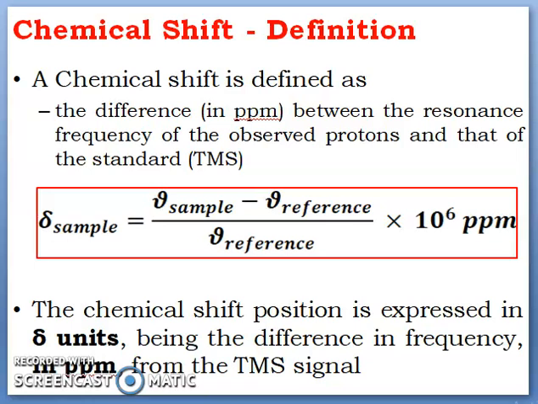Chemical shift of the sample is equal to the precessional frequency of the sample minus the precessional frequency of the reference, divided by the precessional frequency of the reference, times 10 to the power 6 ppm. The chemical shift position is expressed in delta units, being the difference in frequency in ppm level from the TMS signal.